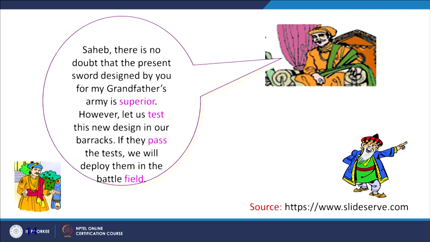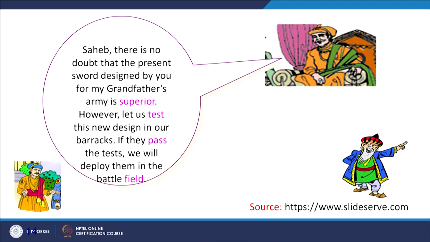So the top management support is very important, and once the top management support is able to generate a degree of confidence among the employees, they can certainly come out with a number of creative and innovative ideas. But as an important requirement for any value engineering study, you cannot compromise on the performance of the product, and therefore the king is going to ensure that the tests are done.